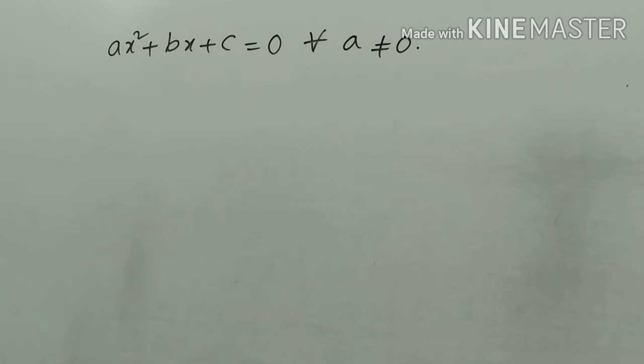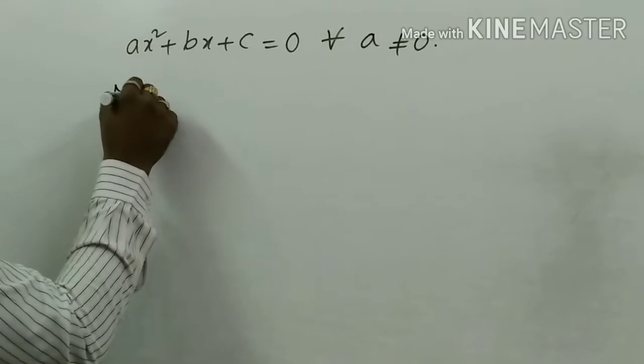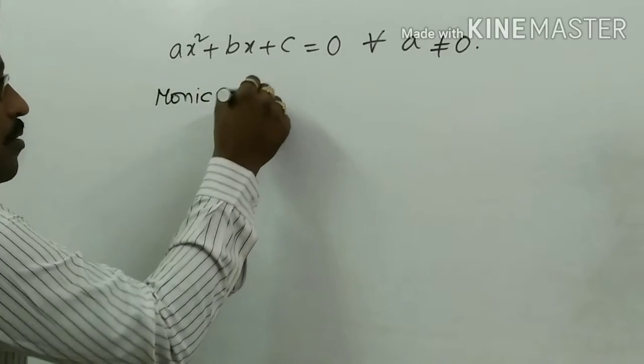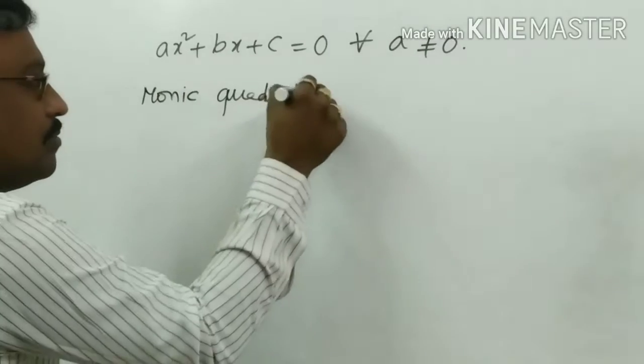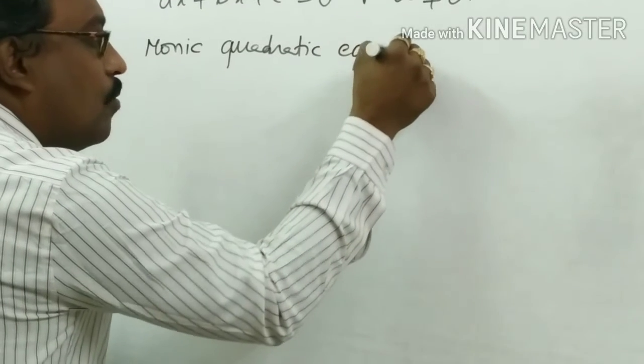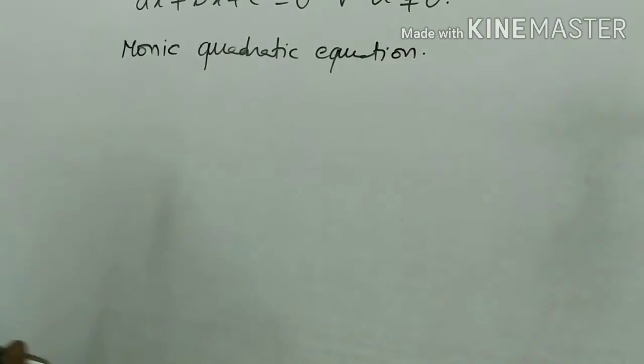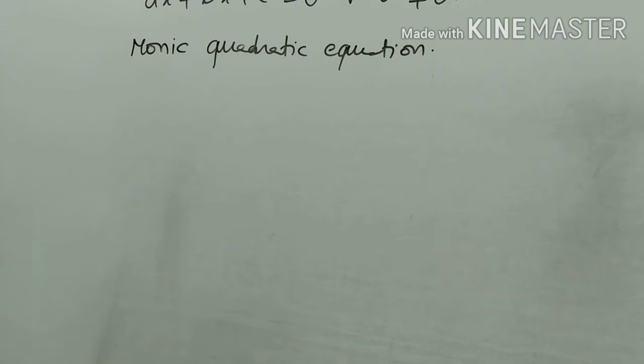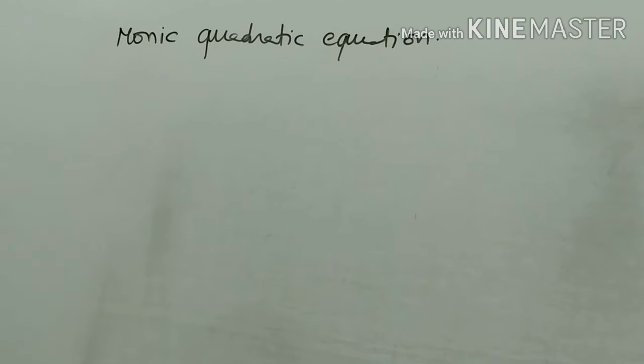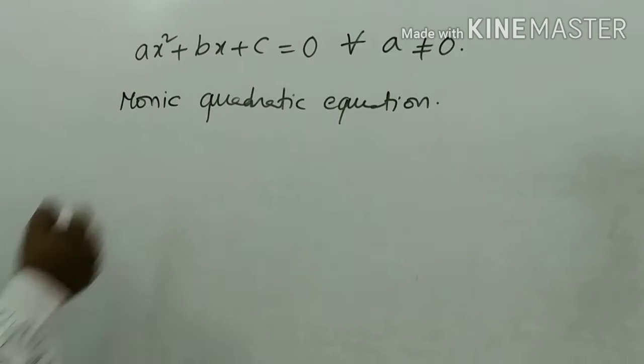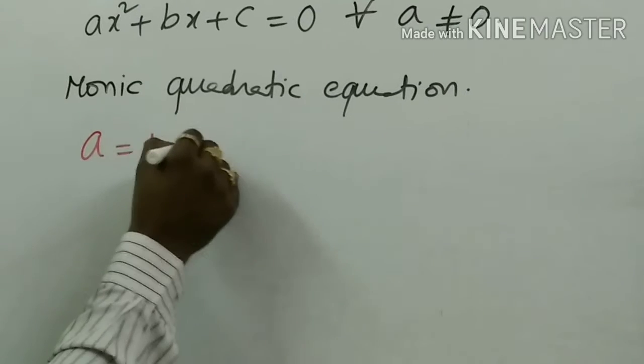Then there are two types of quadratic equations. One is the monic quadratic equation. What is meant by a monic quadratic equation? If the a value is 1.